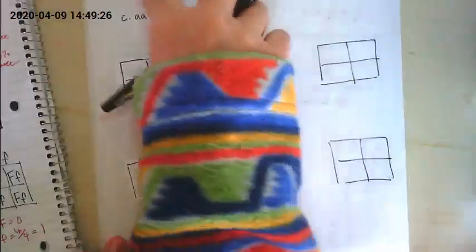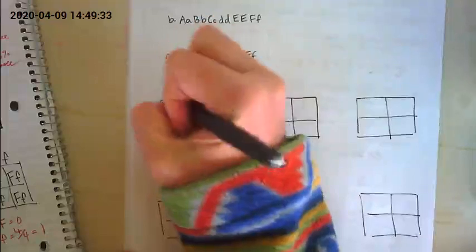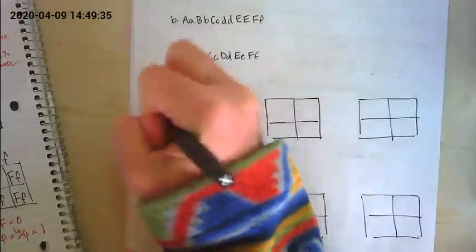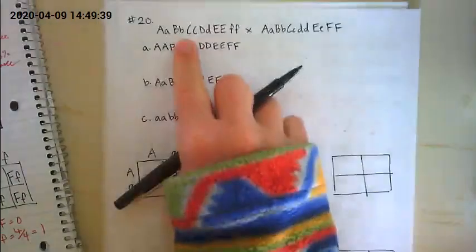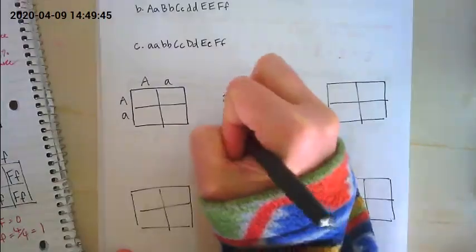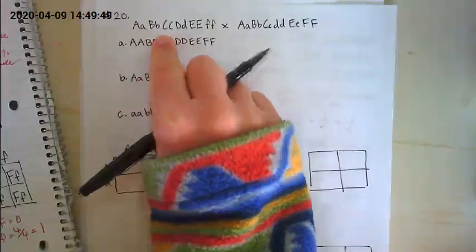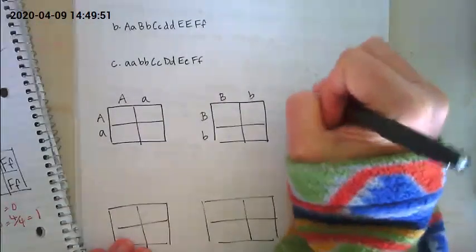All right, let's cross our A's first. So if you look back at the parents, we're going to have a heterozygous A, heterozygous A. Okay, and then our B's are heterozygous, heterozygous again. Our C's are homozygous dominant and heterozygous.